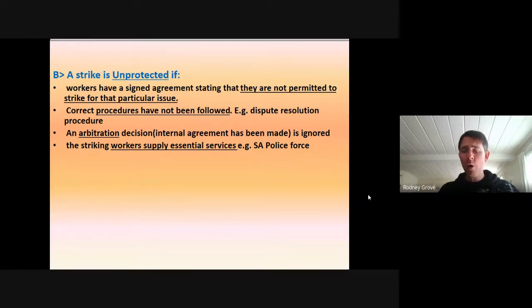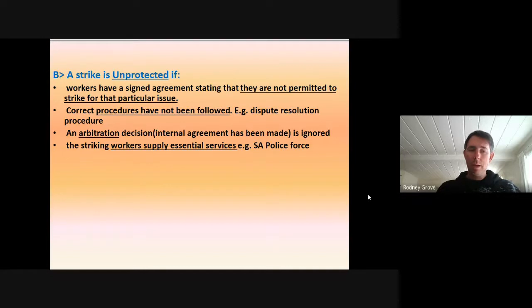So if it's an unprotected strike and they're not being difficult, and it's all your staff and it's a lot of staff, you don't necessarily want to go and dismiss all of them. Okay. Although you do have the right to do so.